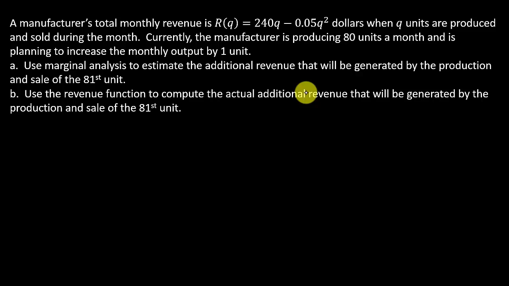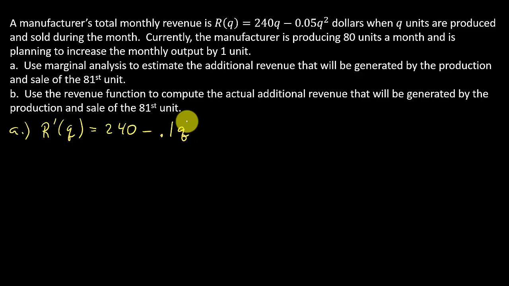So it's going to be similar to what we just did. For part A, we've got the derivative, R prime of Q, is equal to 240 minus 0.1 Q. The 2 times the 0.05 gives me the 0.1, subtract 1 from the exponent, Q to the first.